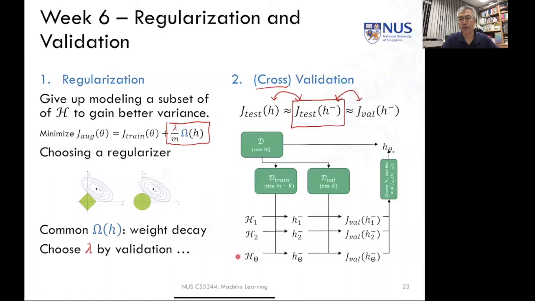And using these different data sets and training them, we can use a process to choose which set of parameters or which models that we would use is the most useful one that would minimize our validation error, and then choose that for our final set of parameters that we're going to train on an entire data set of size M to yield our final hypothesis that we would pass on in production.